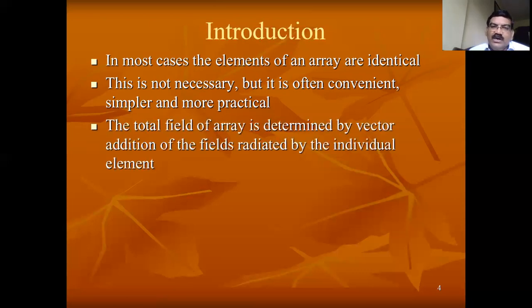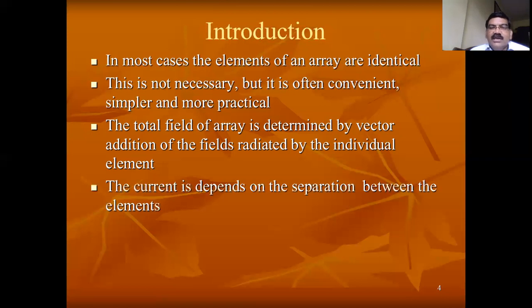The total field of an array is determined by the vector addition of the fields radiated by the individual elements. So what is the ultimate aim? To improve the gain and the directivity. Whatever the radiation by each antenna, that will get added, and it is the vector sum, because all are vector quantities and we are adding them. The field depends on the separation between the elements.